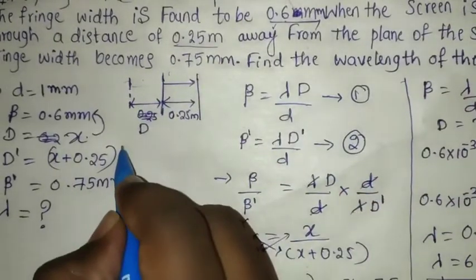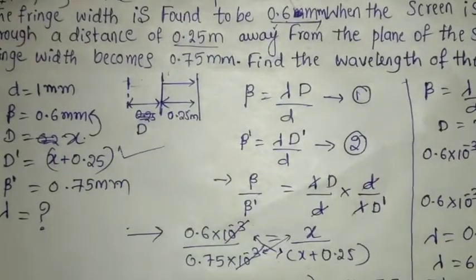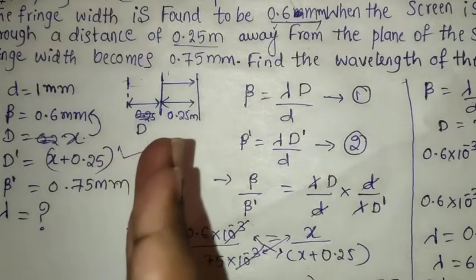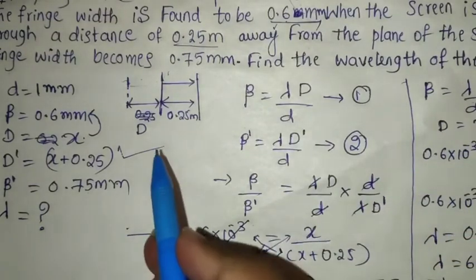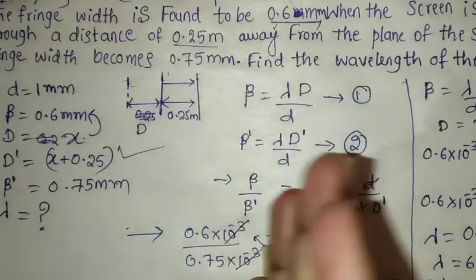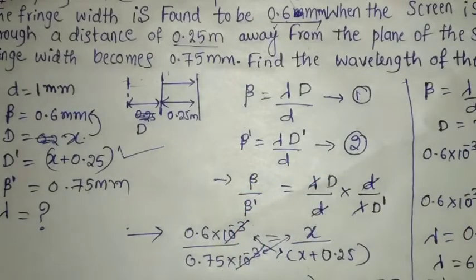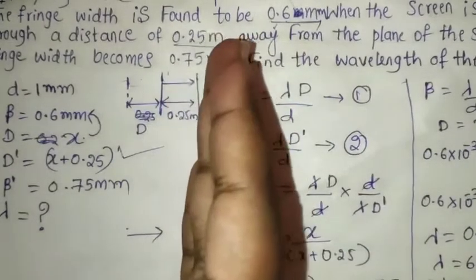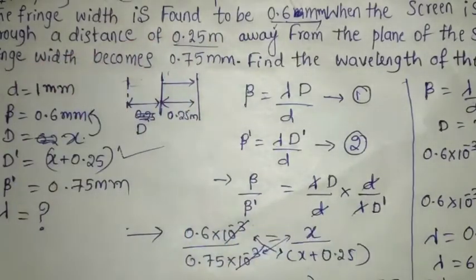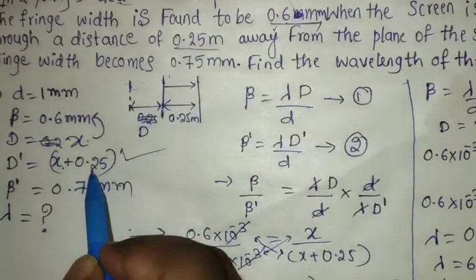Because of this reason I took x plus 0.25, since the distance is increasing, the screen is going away from the slits. And if they had given that the fringe width is 0.7 millimeter when the screen is moved towards the slits, then you have to take x minus 0.25.